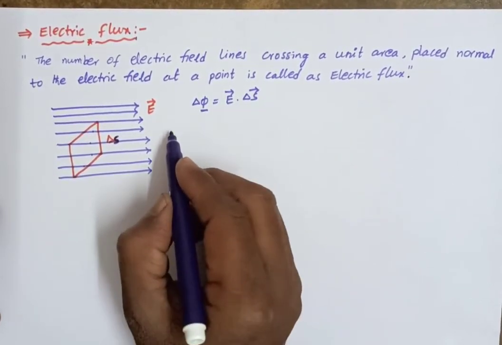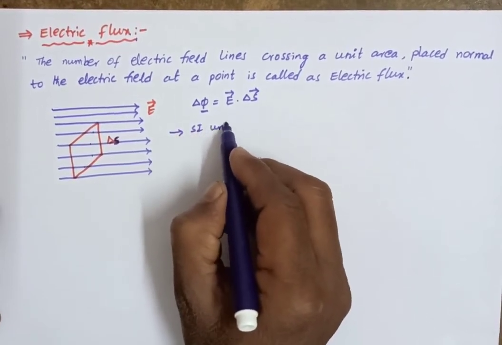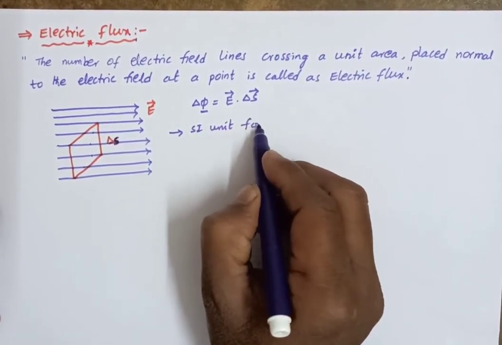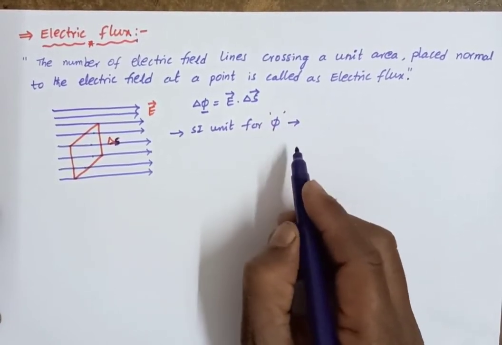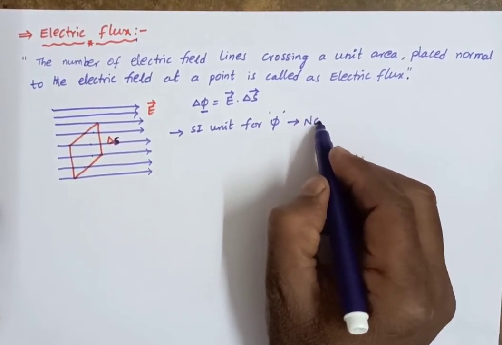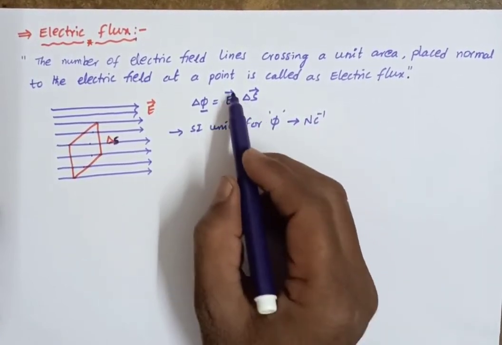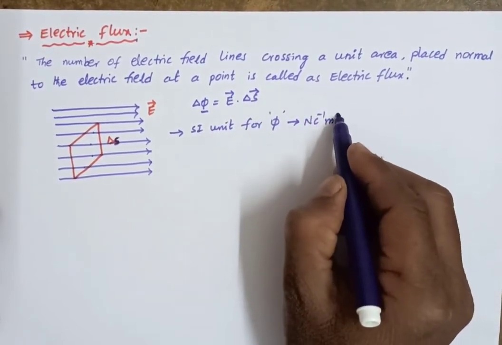Okay, and the SI unit for electric flux: E is Newton per coulomb, and the area is meter square.